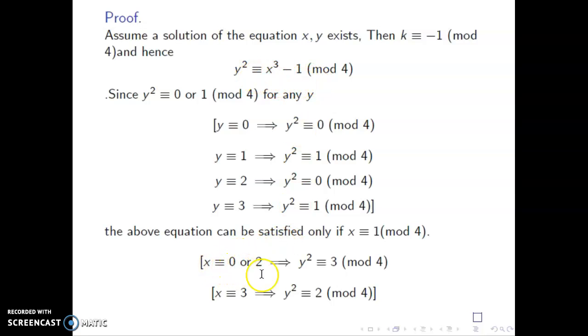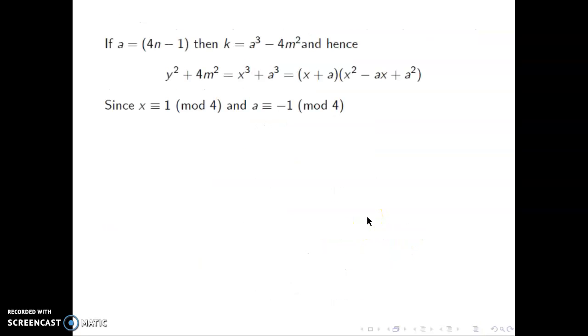So x congruent to 0 or 2 gives me y squared congruent to 3 mod 4, and when I put x congruent to 3, this becomes 27 minus 1, 26, therefore y squared is congruent to 2 mod 4. Now y squared cannot be equal to 2 or 3. We said that y squared can be only 0 or 1, and therefore the only possibility is that x is congruent to 1 mod 4.